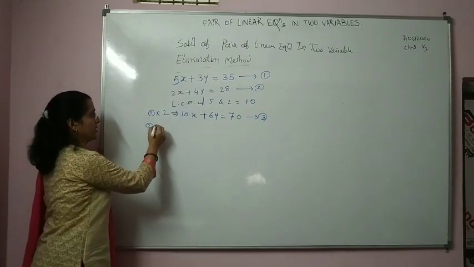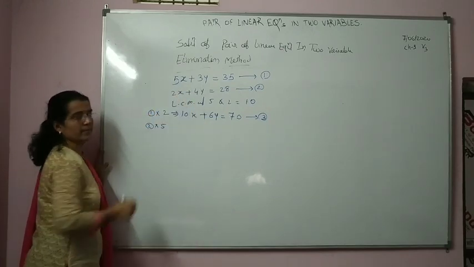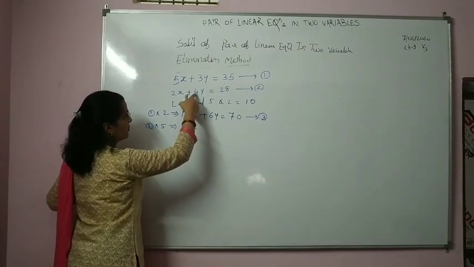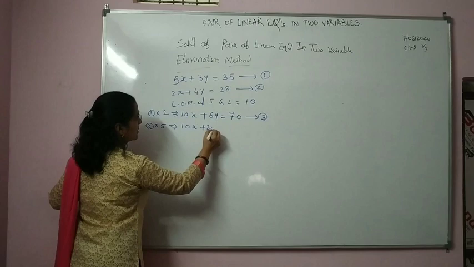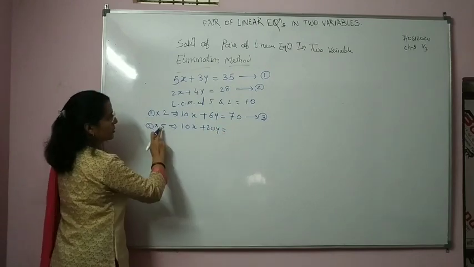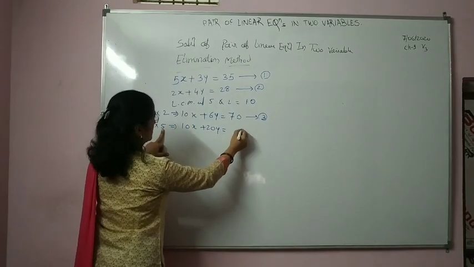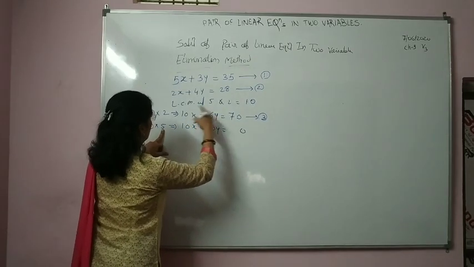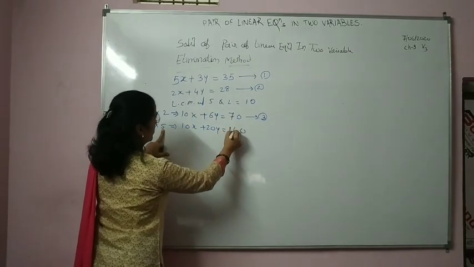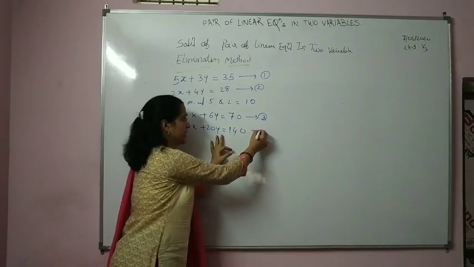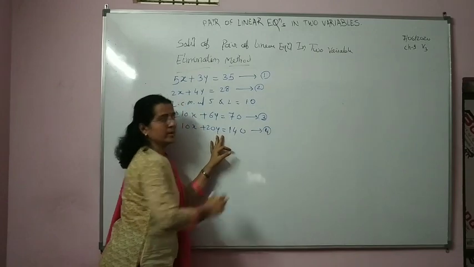To make the coefficient 10, it will be multiplied by 5. So 2 into 5 implies 10x. Then 4 5s are 20, 20y equals 28 5s are 140. So in this way you will get another equation, the fourth equation.